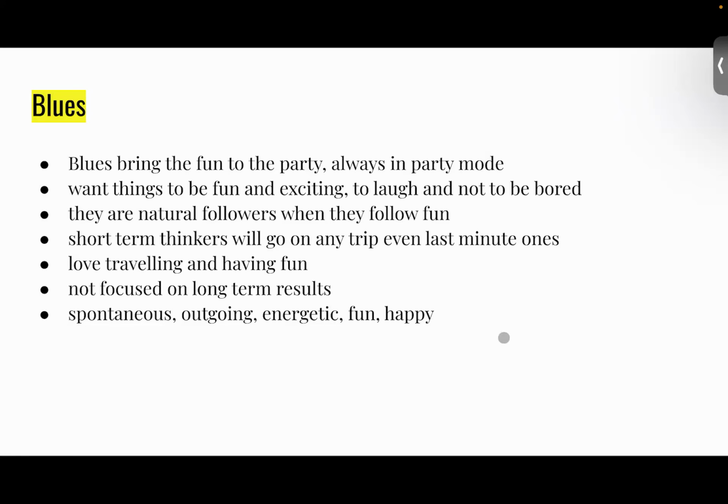You can see Blues. I have one friend that I will never forget. He hasn't joined the business yet. I'm still working on it, but whenever he's around anybody, you could be sitting there having the most serious conversation. It could be super chill, and he will show up, and everybody's in go party mode.